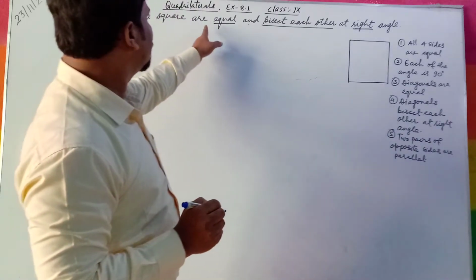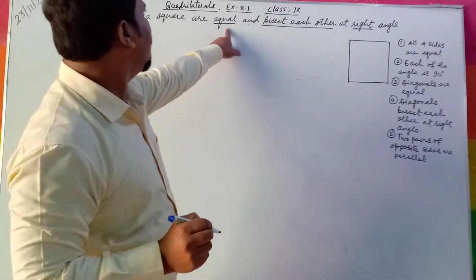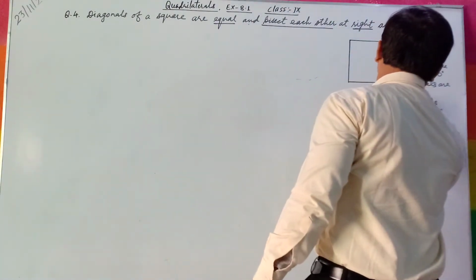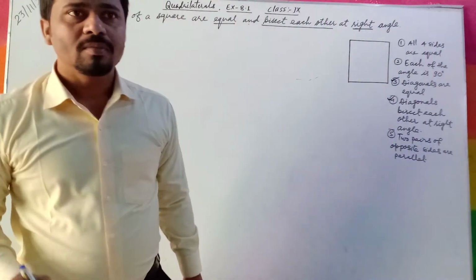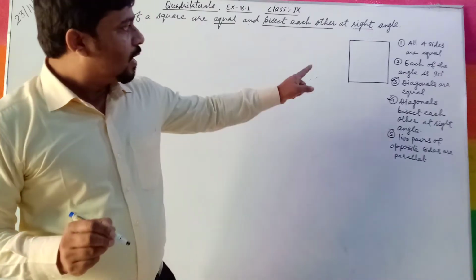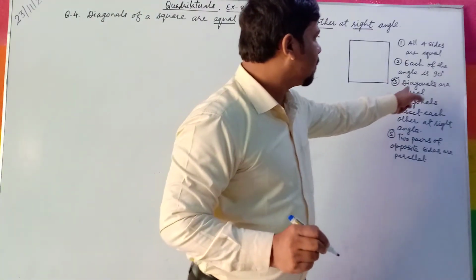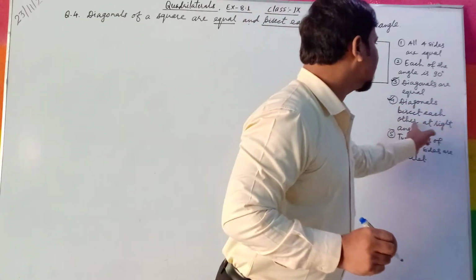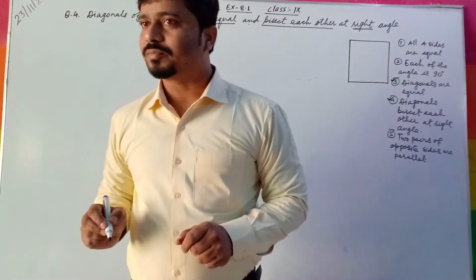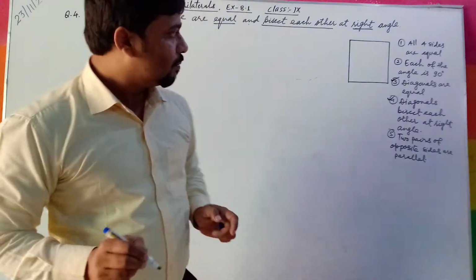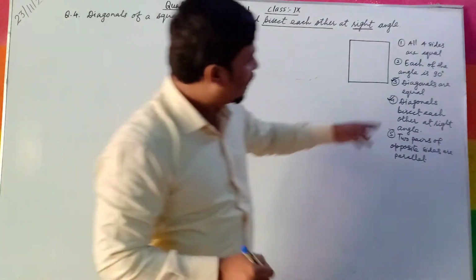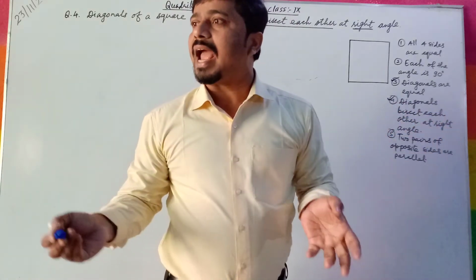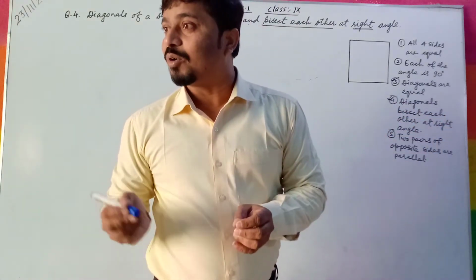But we have to prove diagonals are equal and bisect each other at right angle. Means we have to prove the third and the fourth. Clear? Third, diagonals are equal, and fourth, diagonals bisect each other at right angle. That we have to prove. But the other properties we can take as evidence for proving.